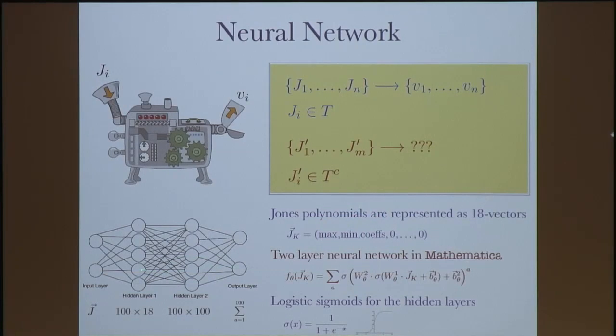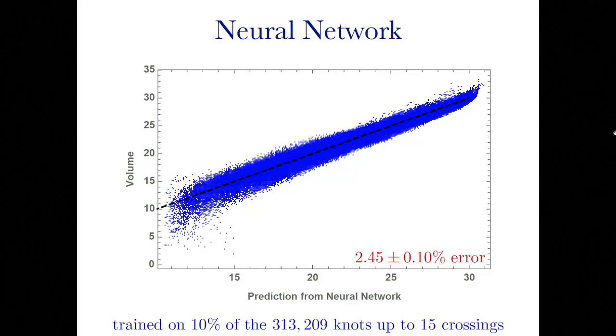So we train with a 2-layer neural network with 100 neurons per layer, and we use logistic sigmoids. And we find that with training with just 10% of 313,000 knots up to 15 crossings, we get 2.45% error in assessing the volume based on inputting the Jones polynomial.